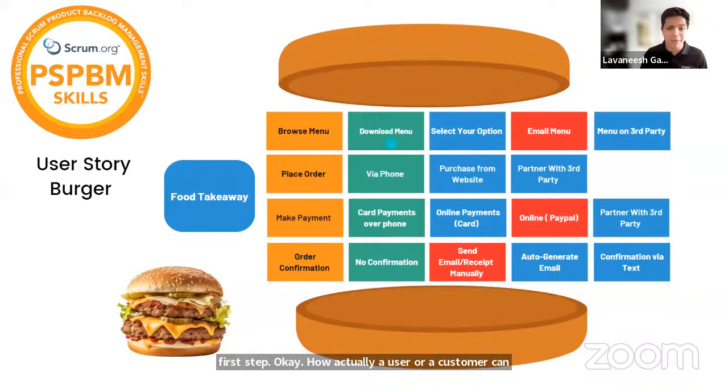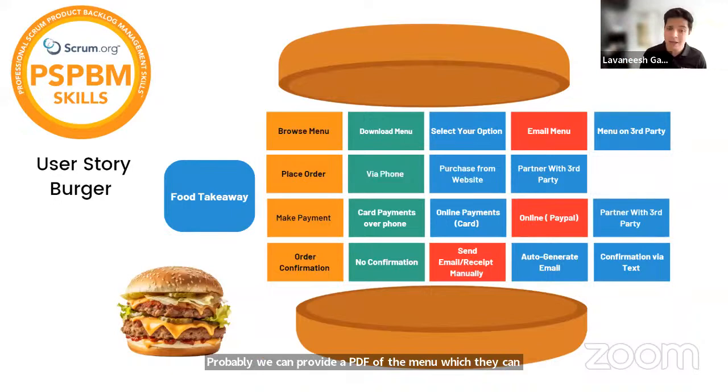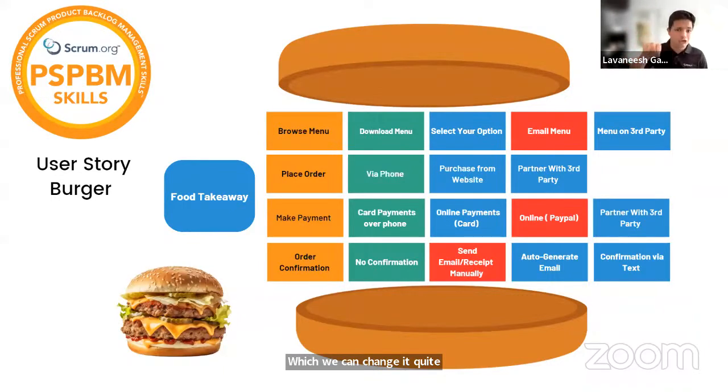Probably we can provide a PDF of the menu, which they can simply download and read by themselves. But that PDF is going to be a static one. It's not something that you can change very often. Another option could be a dynamic menu, which you can change quite regularly, where the customer can click on those plus marks, enlarge it, and choose certain options from there.